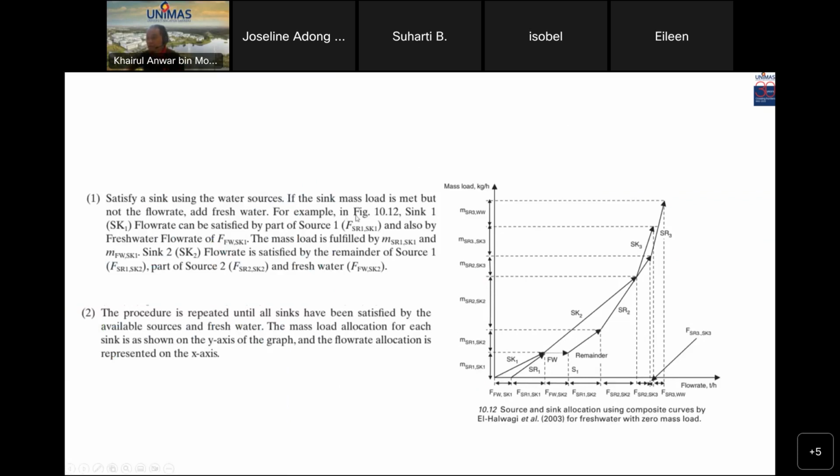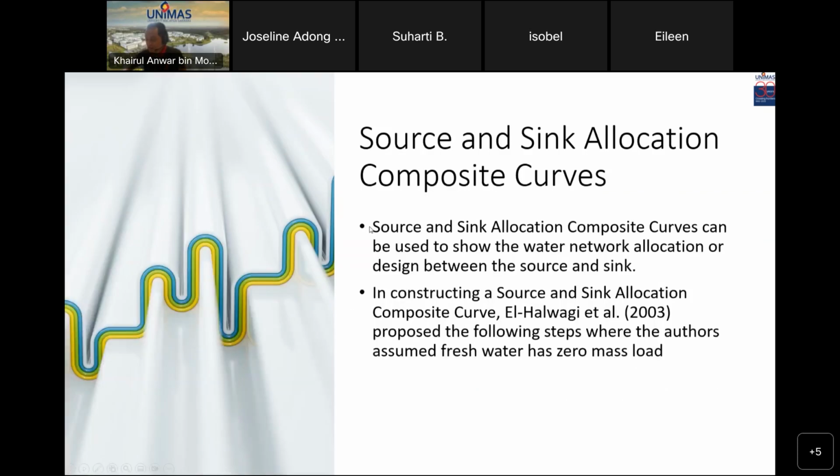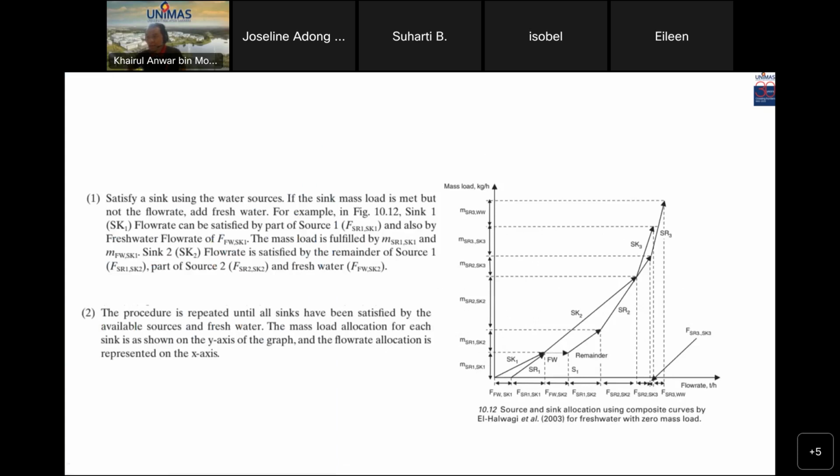For example, in figure 10.12, sink 1 flow rate can be satisfied by part of source 1 and also by the freshwater flow rate of SK1.